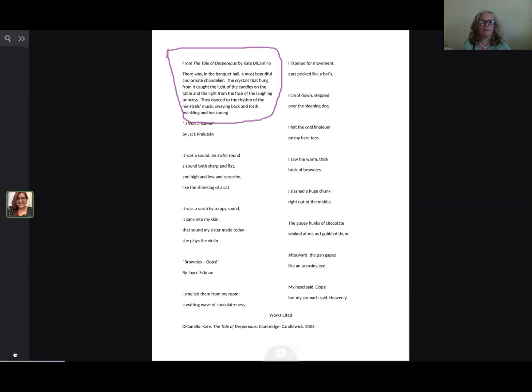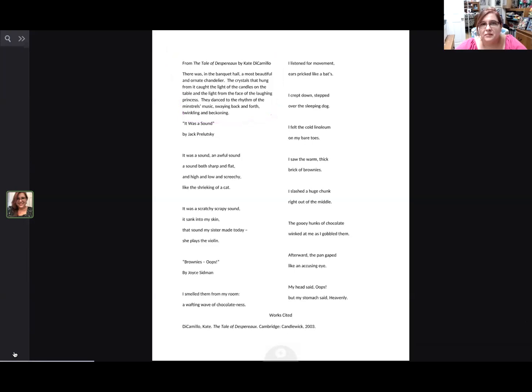There was in the banquet hall a most beautiful and ornate chandelier. The crystals that hung from it caught the light of the candles on the table and the light from the face of the laughing princess. They danced to the rhythm of the minstrel's music, swaying back and forth, twinkling and beckoning. 3 sentences, and we get a clear picture of what's going on.